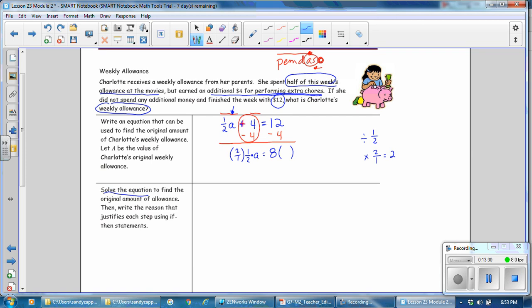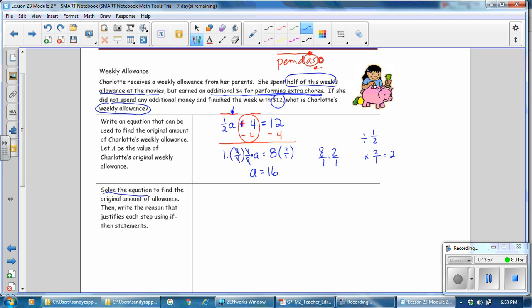So 2 over 1 and 2 over 1. Then on the left side of the equation, these 2's cancel each other out because a number divided by itself is 1, and then 1 divided by 1 is 1, and 1 times A is A. On this side of the equation, remember that we're multiplying 8 over 1 times 2 over 1, which is just 8 times 2, and that's 16.